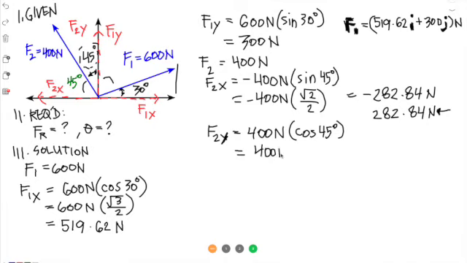So 400 newtons times square root of 2 over 2 is approximately 282.84 newtons, and it's going up. So now it's time to write the Cartesian vector format for F2.